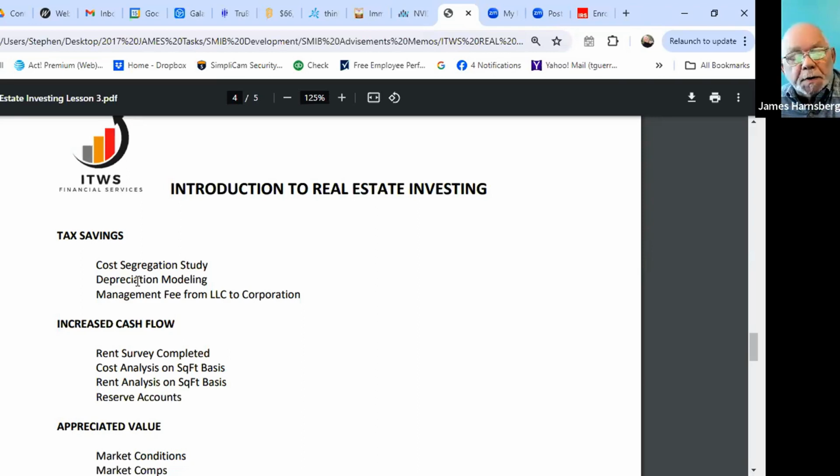You set those up and have that surplus cash go into your reserve accounts, and every quarter or every month or every half a year, you retire a portion of your principal on the mortgage with your excess cash reserves. You're building equity and value, and we raise the rents between 8 to 9% per year.